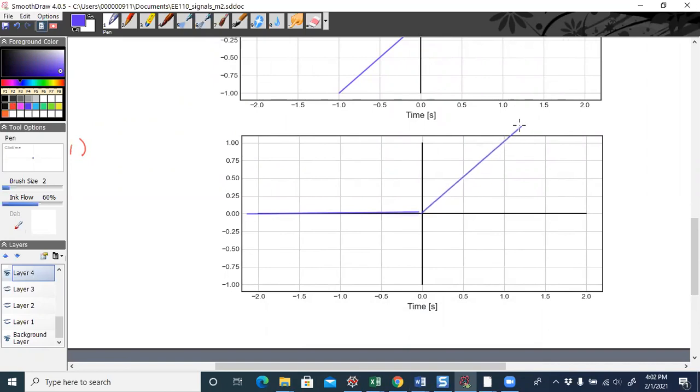And I'm just going to try to put an arrow there that it's going on forever. Now, what about the subtracted and delayed ramp? So I'm at 1, but now I'm going down.